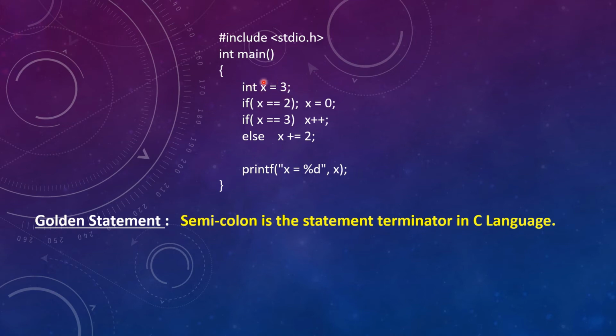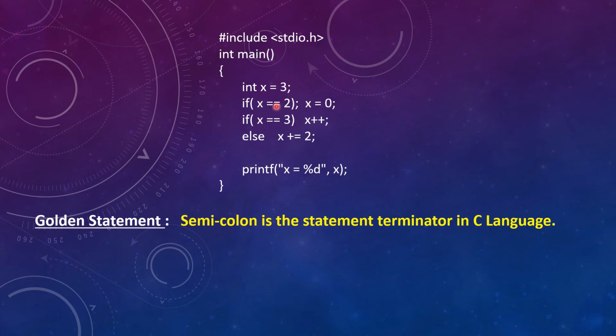Now we are executing it and we get x equals 3, meaning the value 3 is assigned to variable x. Now we come to this line and check whether x is equal to 2 or not. But you see the statement is terminated over here. We have a semicolon here, which means this if block does not have any body.